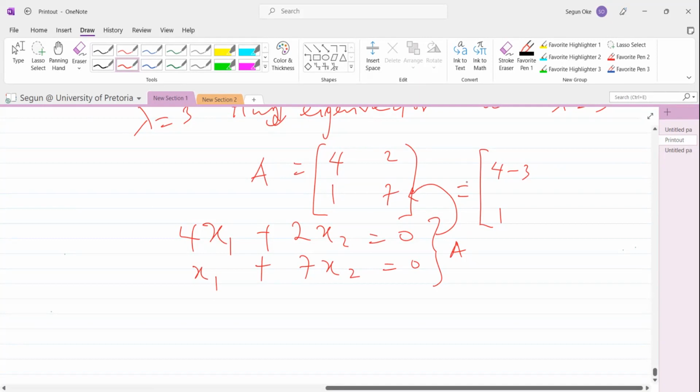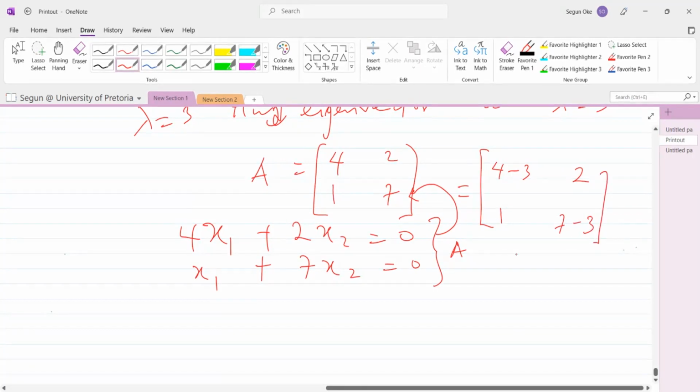Remember, yours is MCQ. Just do it on your rough sheet of paper. 2 and 7 minus 3. Someone that did not come to this class will just be guessing. I will call this one matrix B, that is 1, 2, 1, 4.